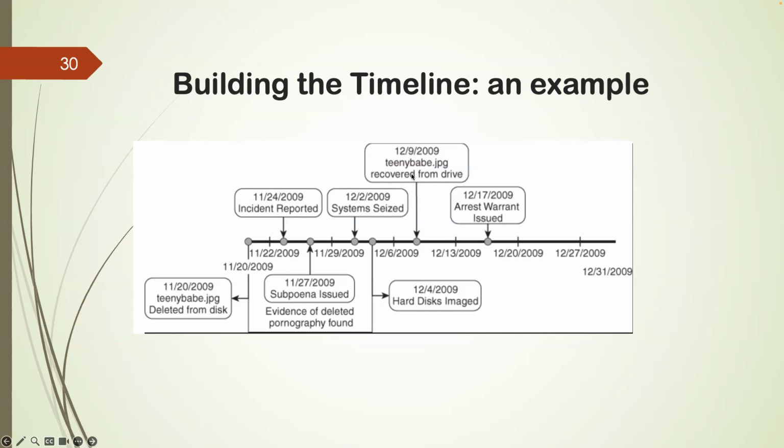Based on this evidence, you analyze it, you find out that this is illegal, and then you report to the law enforcement agencies that issue the arrest warrant, and this is how the case went. So just by putting all of these events on a timeline you get a better idea of the whole process, from the very first moment the incident was reported to the last step when the case was closed or the arrest was made.